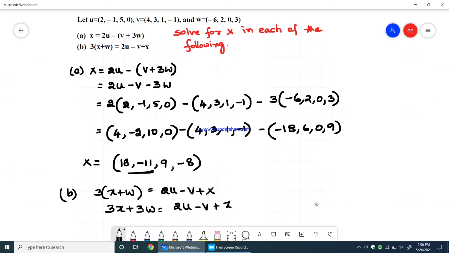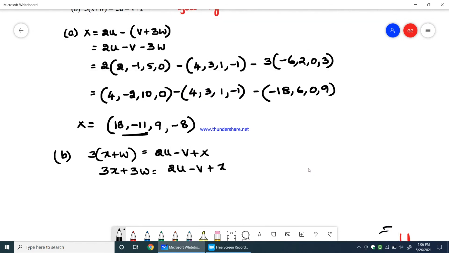So what I'll do is I'll take x to the left hand side. So I'll say 3x minus x equals 2u minus v minus 3w. So 3x minus x is 2x equals 2u minus v minus 3w.